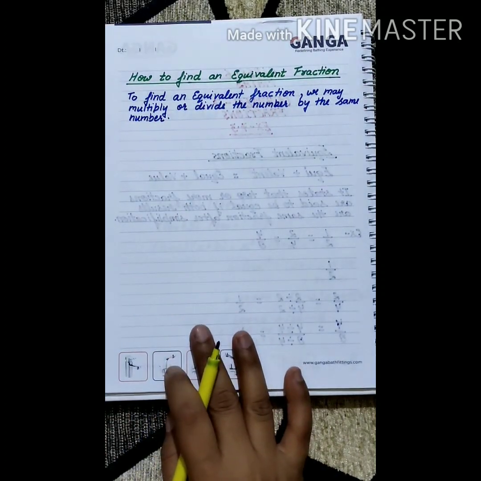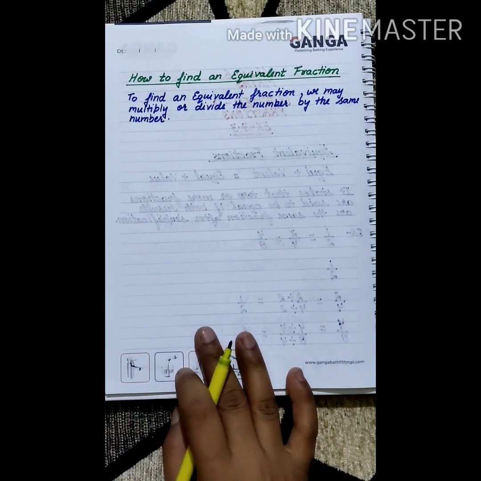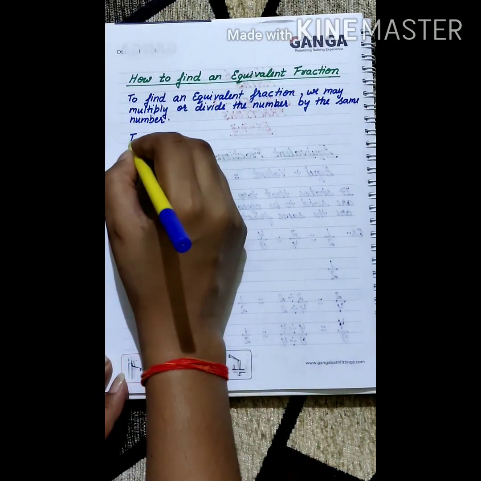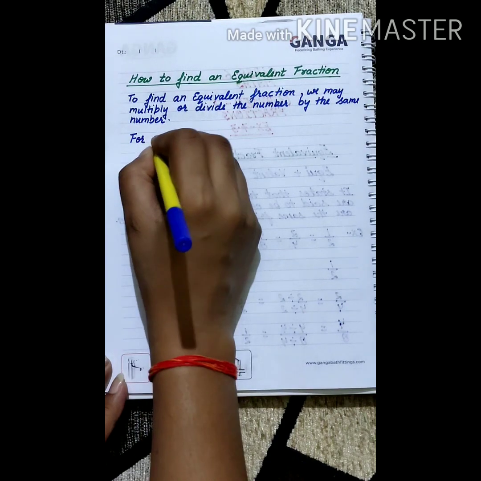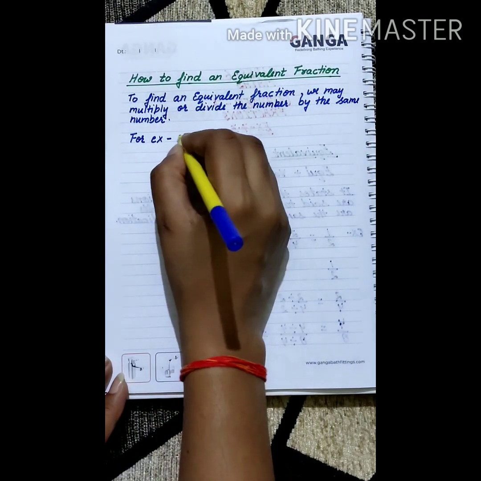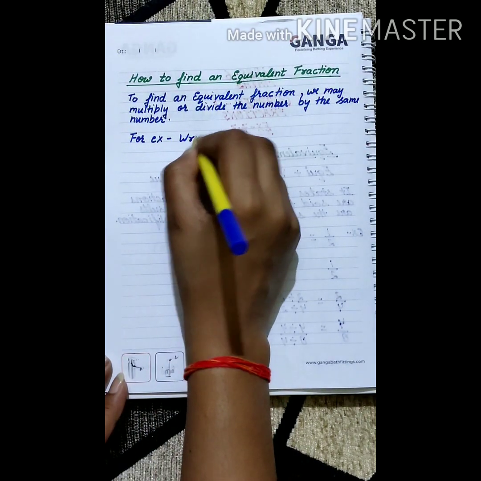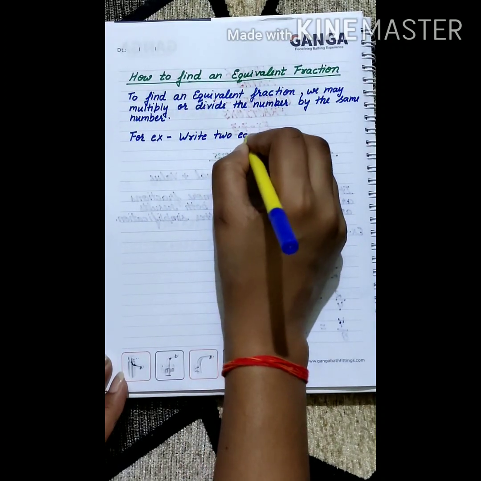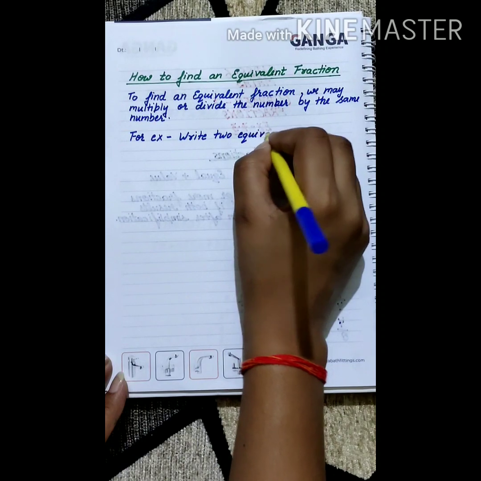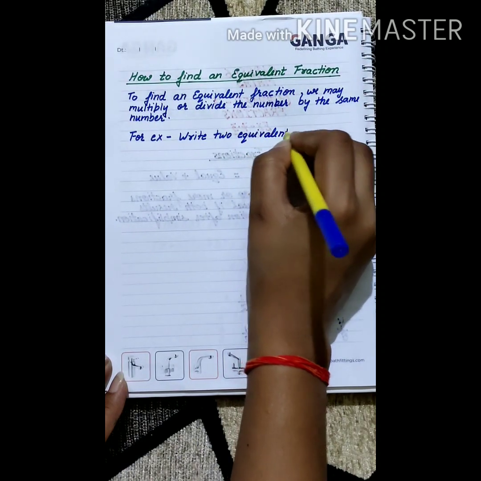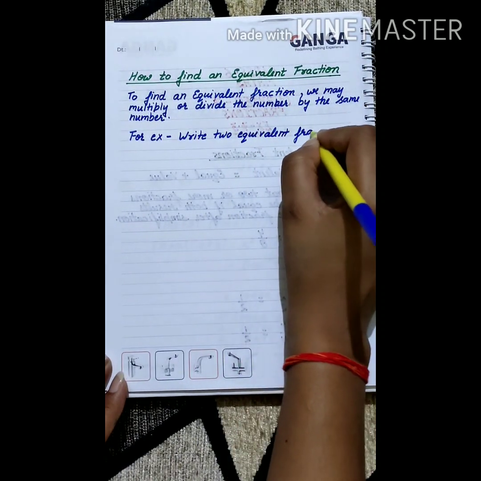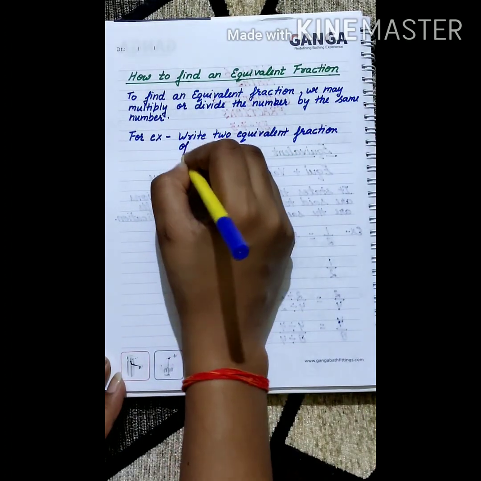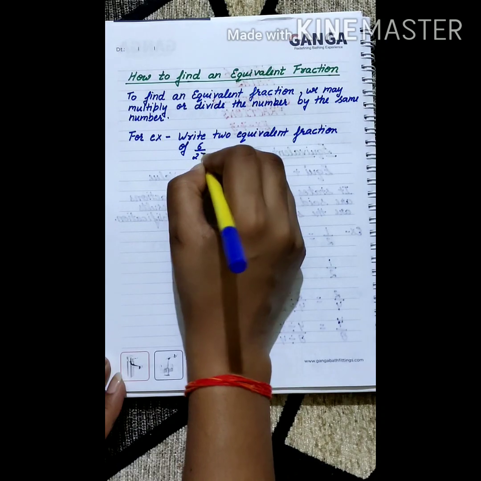Let's understand with this example. For example, write two equivalent fractions of 6 upon 27.